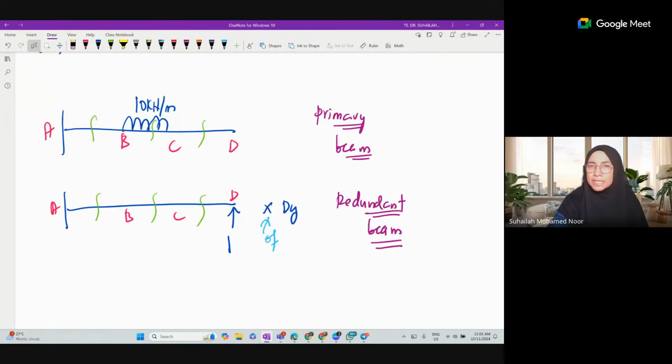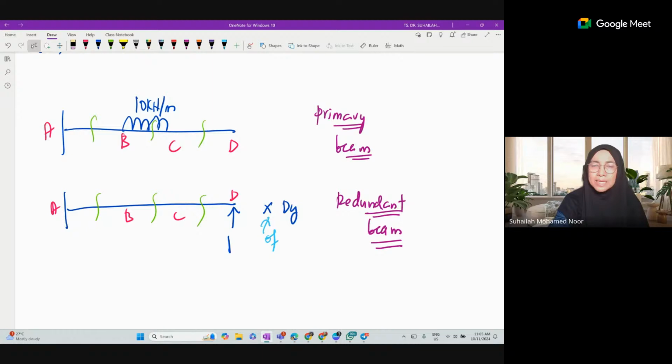Okay, so both of these beams must be the same type of beam. If the primary beam is a cantilever beam, the redundant beam is also a cantilever beam. If the primary beam is a simply supported beam, the redundant beam is also simply supported.